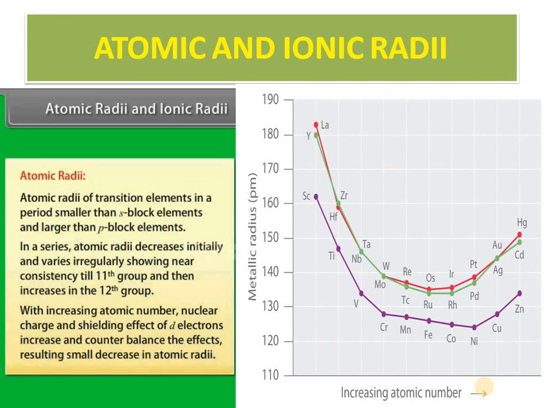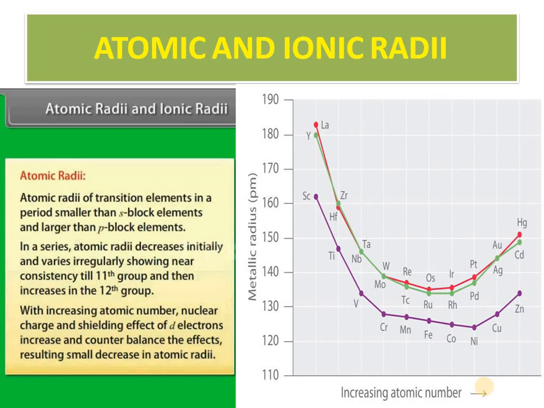Means to say that the repulsion causes the increase in atomic size as compared to the increase in nuclear charge. Means the effect of repulsions is more as compared to that of increase in nuclear charge, because increase in nuclear charge is decreasing the size and repulsions will increase the atomic size. Okay, so hopefully this is clear to you.